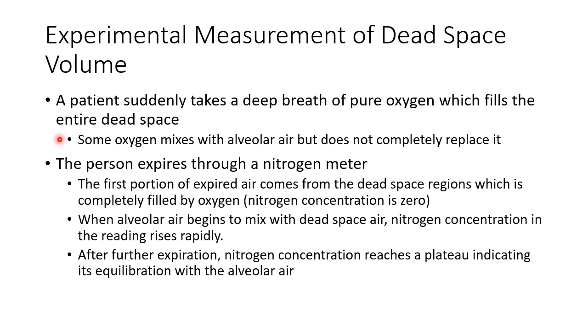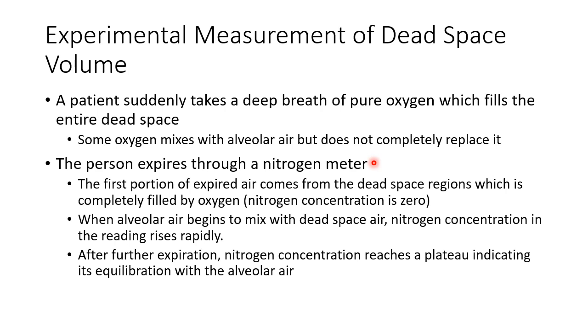And as air moves deeper into the tracheobronchial tree, the flow of air, the velocity of air movement, slows down. Okay? So that causes only some of the oxygen to mix with the alveolar air but does not completely replace it.